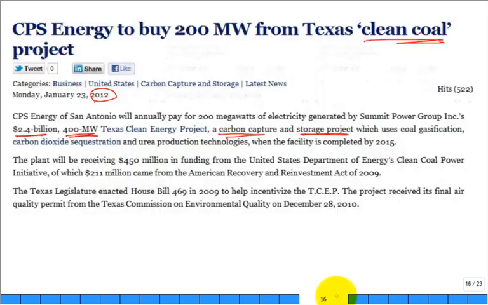All right. CPS said, great idea. You may have heard of this little thing, the American Recovery and Reinvestment Act of 2009. I know you're probably still in kindergarten. What happened in 2009, the American Recovery and Reinvestment Act? Obama's first year in office?